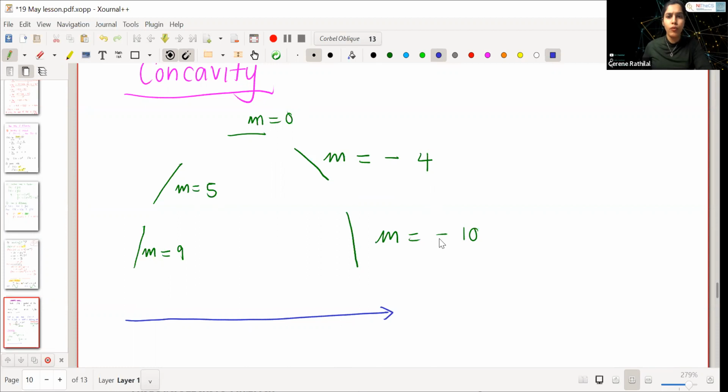And -4 drops to -10. Do you see what's happened? It got more negative. Wonderful, I see the chat box. As we go from here to here, we got more negative. We got smaller. Poor choice of words there, let's just say smaller. So the gradient decreased.